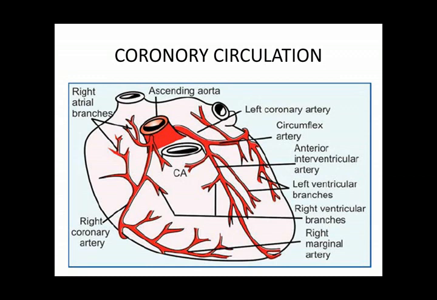The third type of communication is from the extracardial arteries. These are the arteries in the thorax, for example the intercostal arteries, the phrenic arteries, and other arteries which are very close to the heart. They also give branches to the heart and communicate with it. There are three types of anastomosis in the heart.